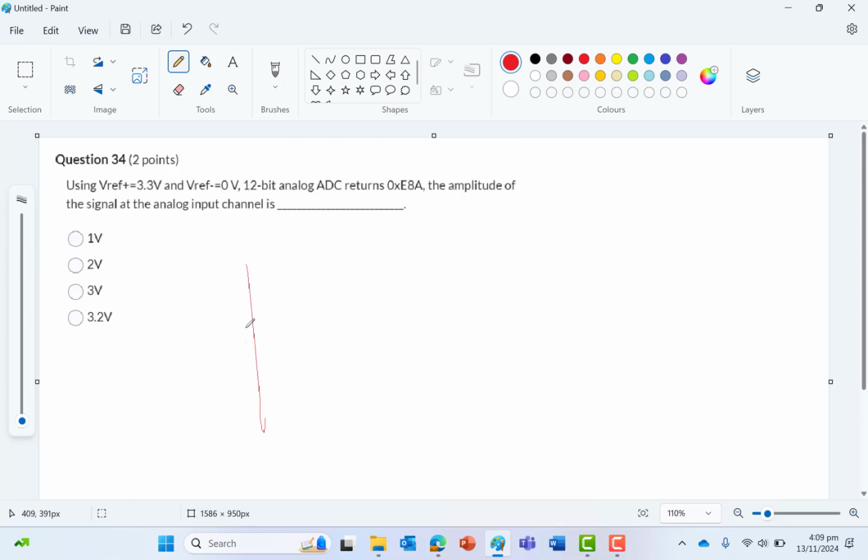This is my input, 0 to 3.3 volt, analog input. This is my digital output, and it's a straight line. This one will go to 4095, actually 2 to the power 12 subtract 1, so 4095.